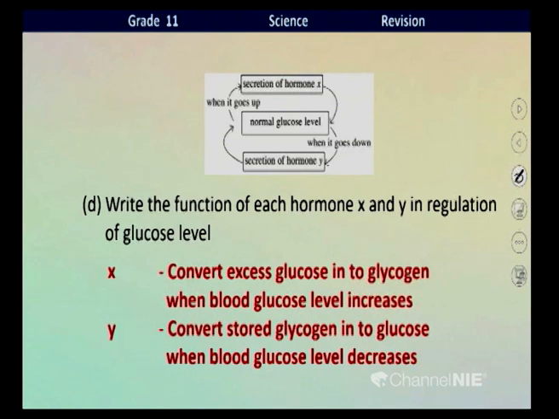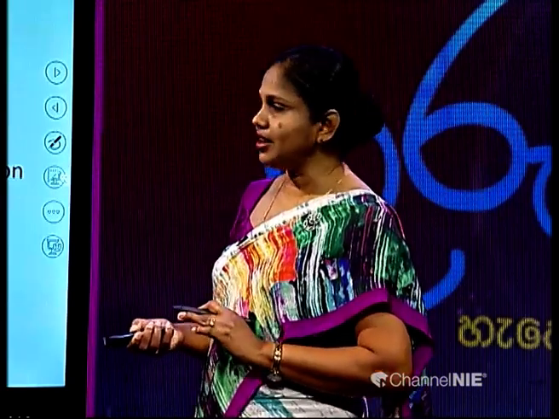This glucagon hormone converts stored glycogen back to glucose when the blood glucose level decreases below the normal blood glucose level. Right. These are the functions performed by X and Y. Then move to the next part.